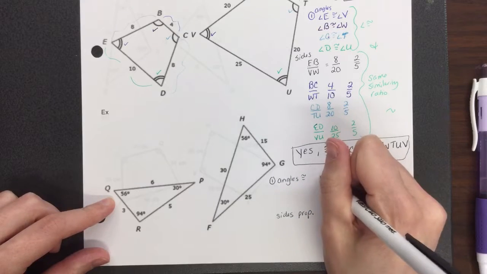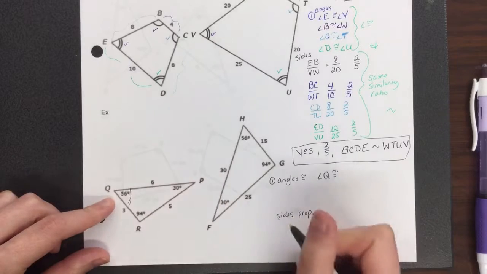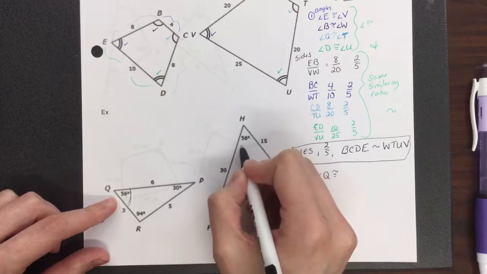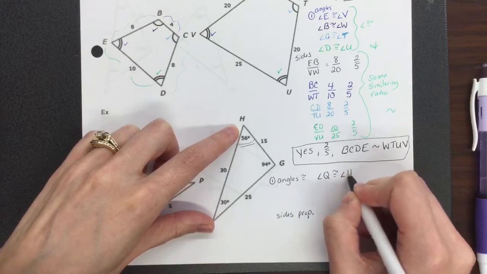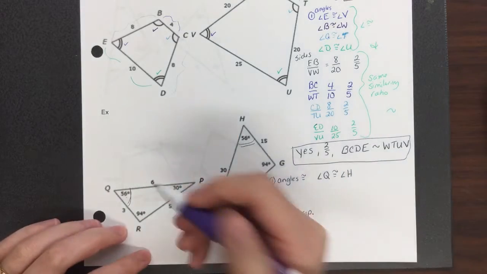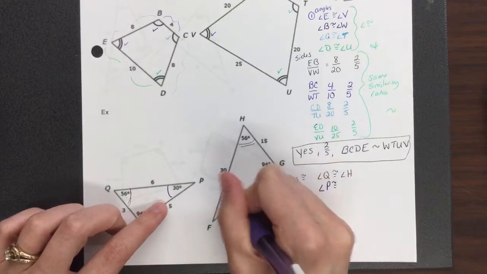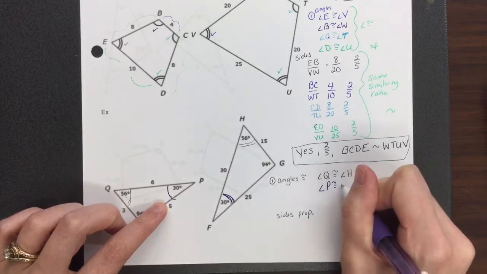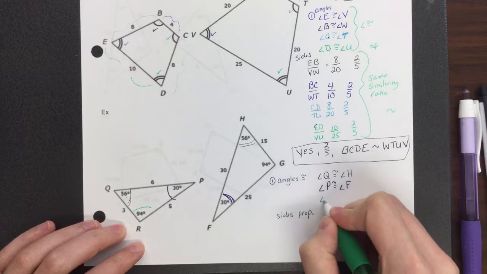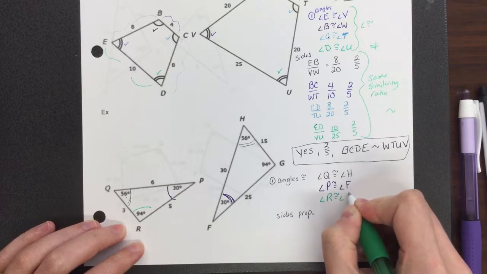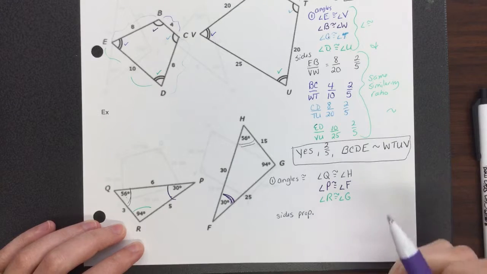So looking at the angles, angle Q is going to be congruent to, well, it's 56, so looking over here, there's the 56 there, and that is angle H. Looking for the next one, angle P is going to be congruent to the other one that has 30, so angle F. And then last one we have to do is angle R is congruent to angle G. So our angles all check out. Now we've got to do our sides.